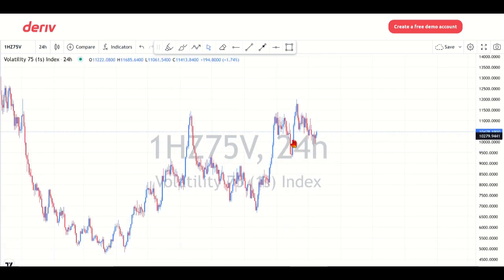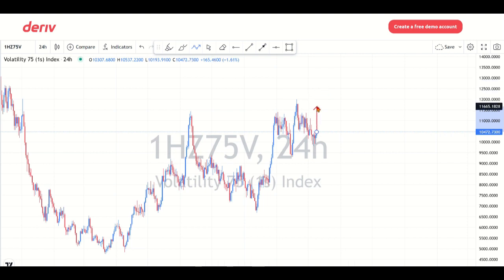The market came back to fully mitigate this particular imbalance that's here, and right now is looking for a rally up. We need to see more impulse to confirm our uptrend. We need to see more impulse to continue the uptrend.